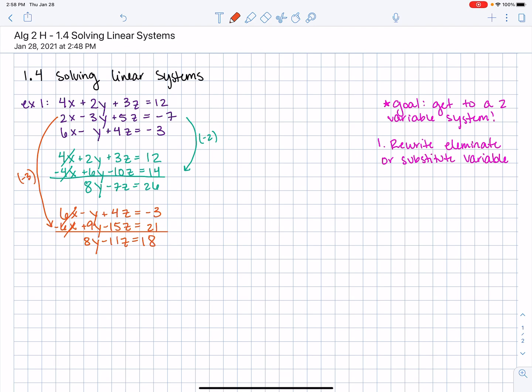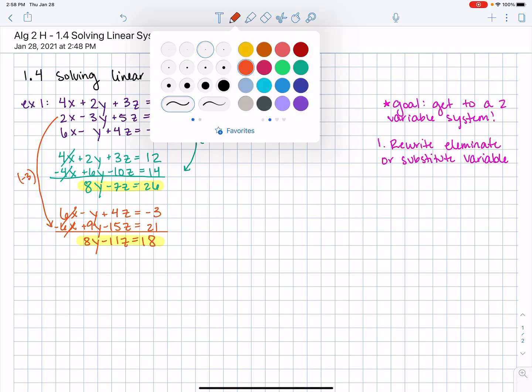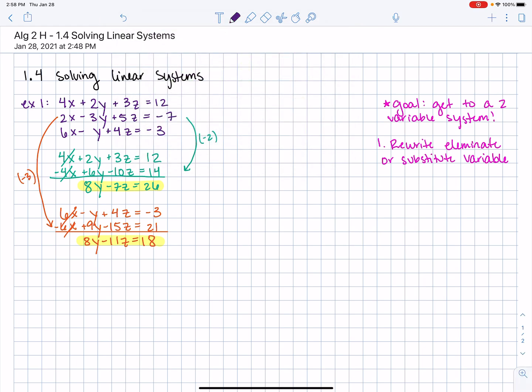Okay, now I have a 2-variable system. So I have 8y minus 7z equals 26, and I have 8y minus 11z equals 18. So what I'm going to do, switching back to purple here, is simply rewrite this over here.